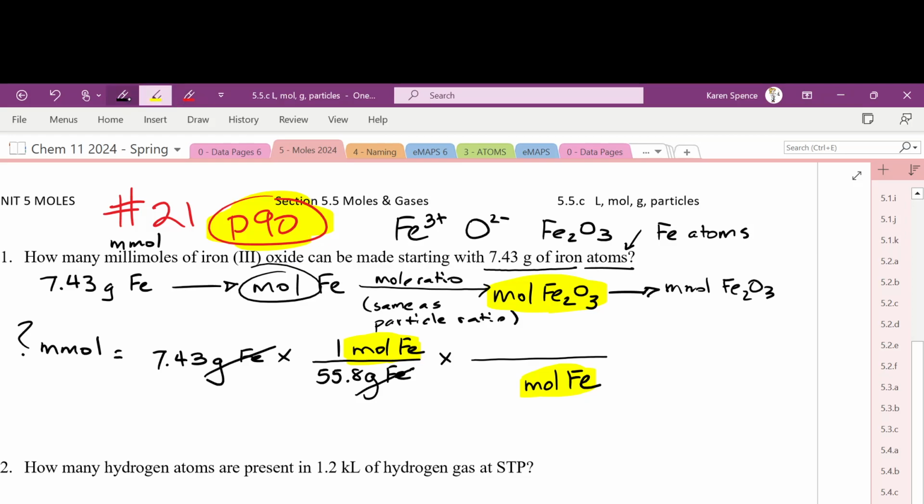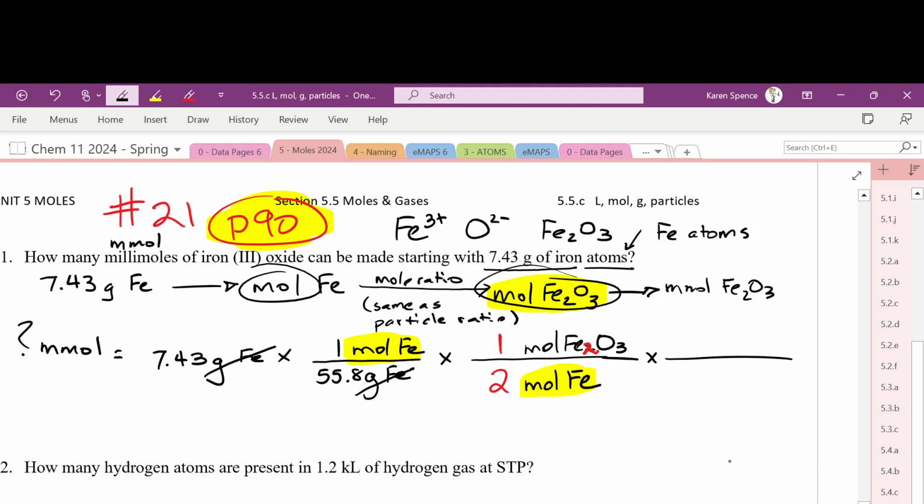Okay. And we want to find moles of Fe2O3. What is the ratio between iron and Fe2O3? 1 mole of Fe2O3 equals 2 moles of Fe. That's because of this little 2 down here, yes? Fe2O3.